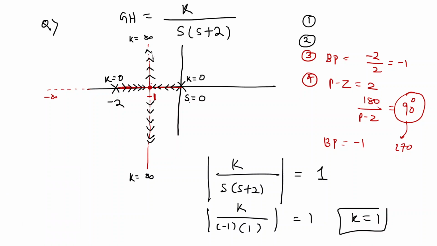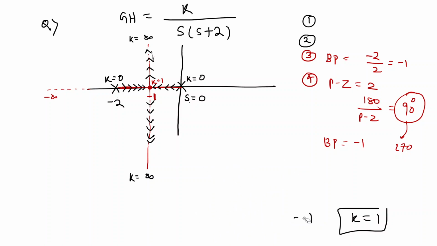It means at this break point my k value is 1, right? Yes, sir. Now tell me for what value of k the system is overdamped. I told you the definition: overdamped means my poles are at different locations on the real axis.